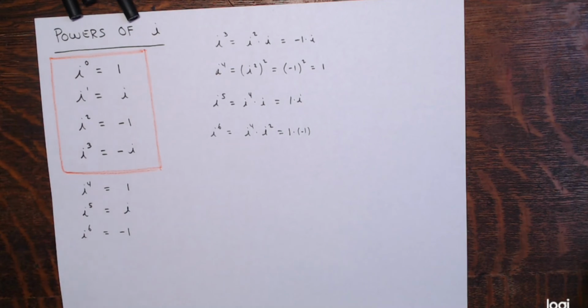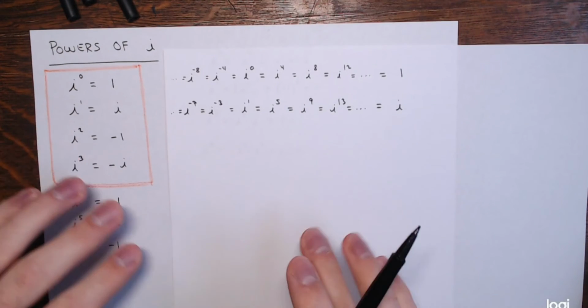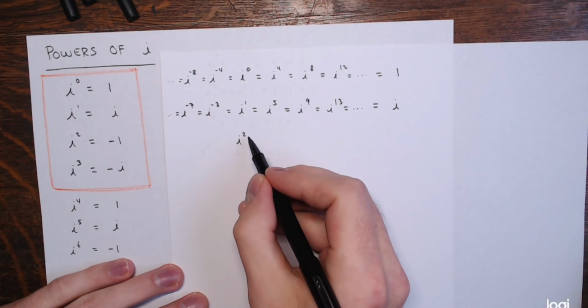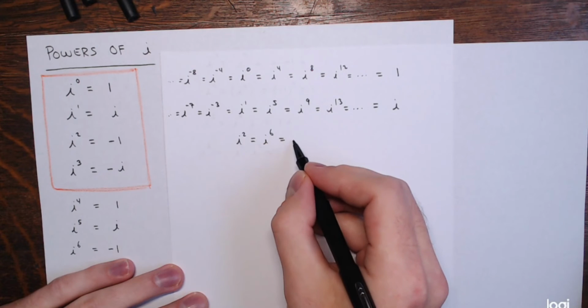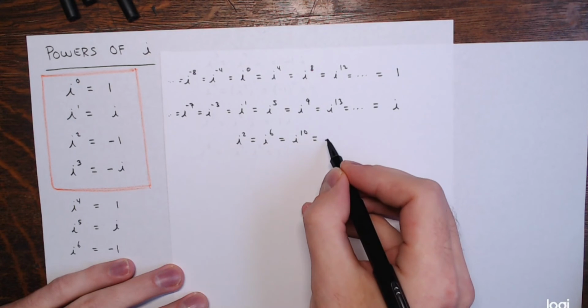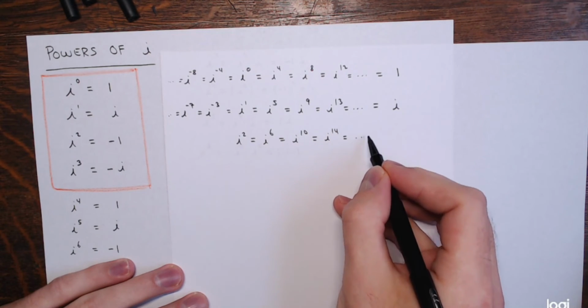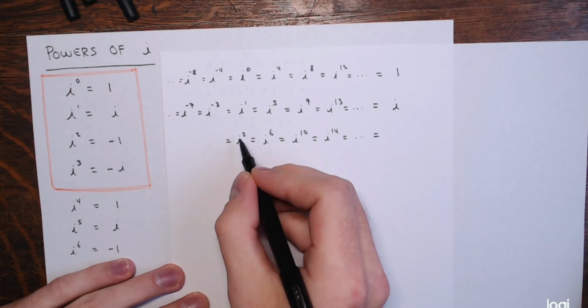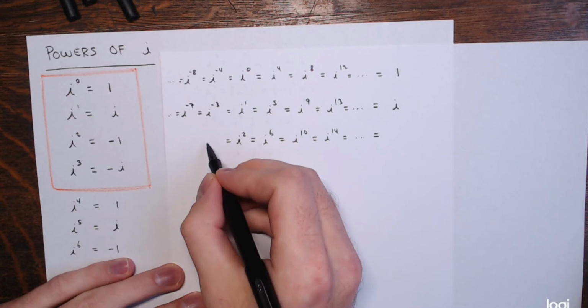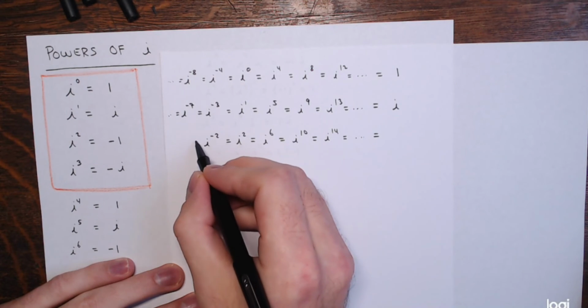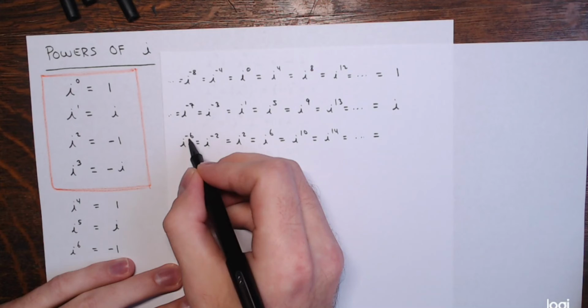Right, so back to this page. So i squared has the same value as i to the 6th, as i to the 10th, as i to the 14th, and so on. And again, you can also subtract 4, go into negative powers. So i to the 2nd will be the same value as i to the negative 2nd, i to the negative 6th, and so on.